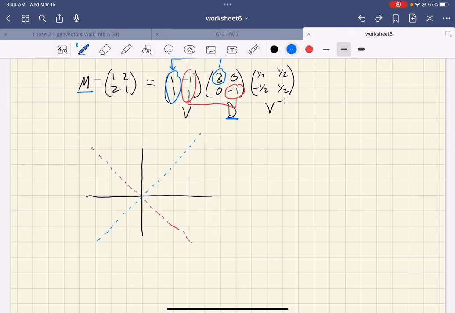Now, for this line, we get stretched by a factor of 3. So if I'm negative, I'm more negative. If I'm positive, I'm more positive. For the red line, remember, this corresponds to something that's going to have like an e to the minus t, e to the 3t, and this thing is going to pull us down to 0.